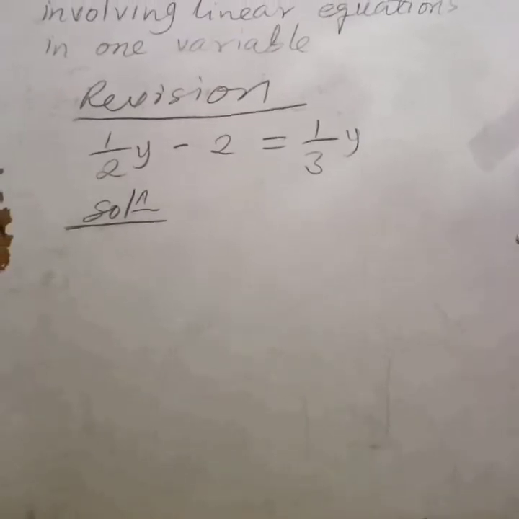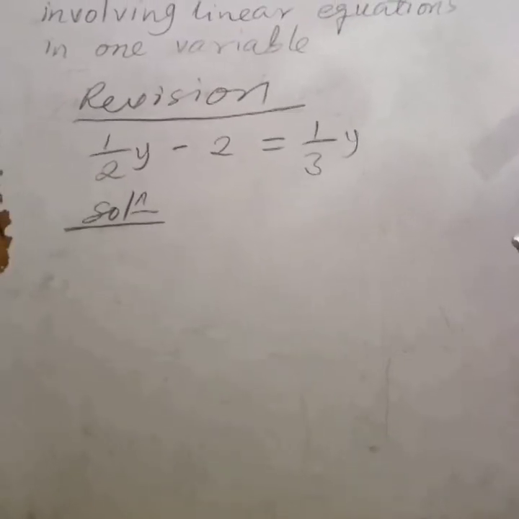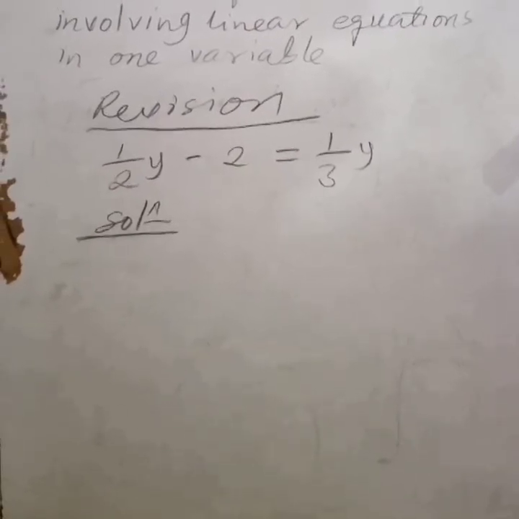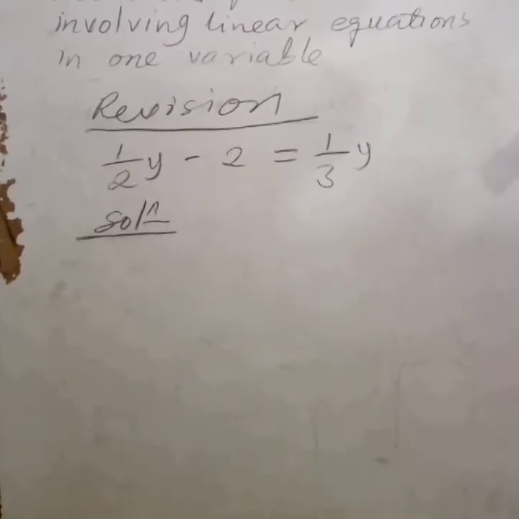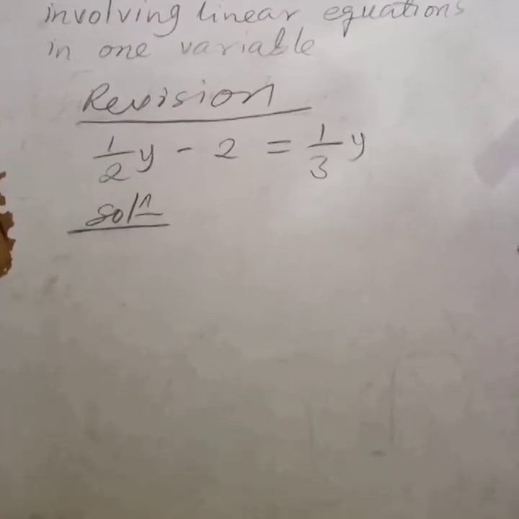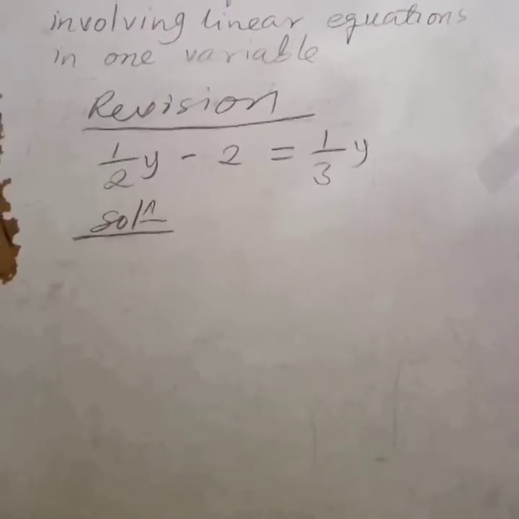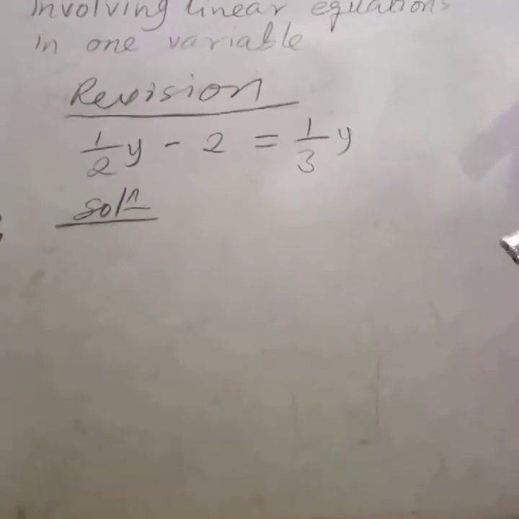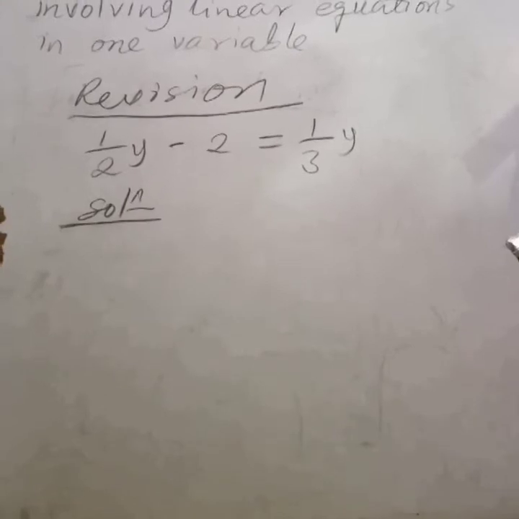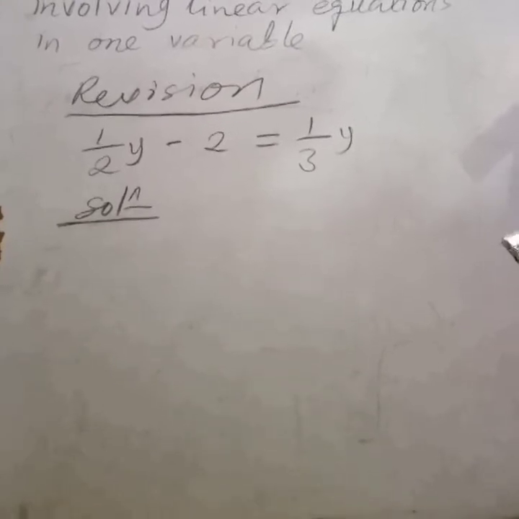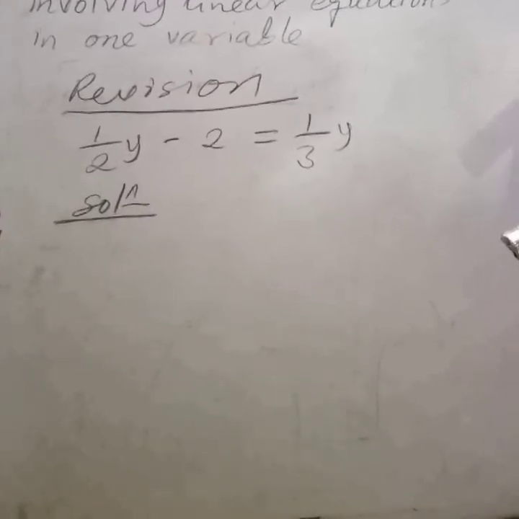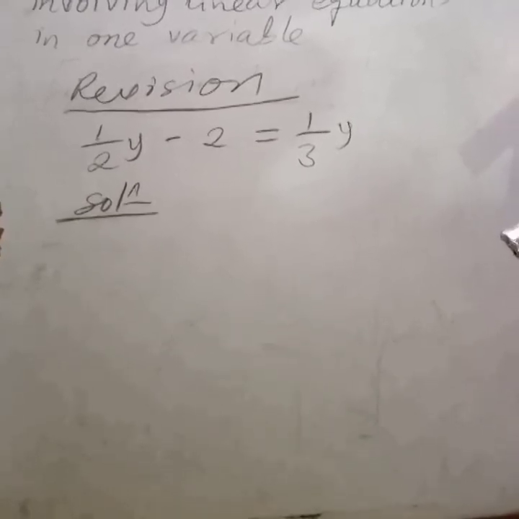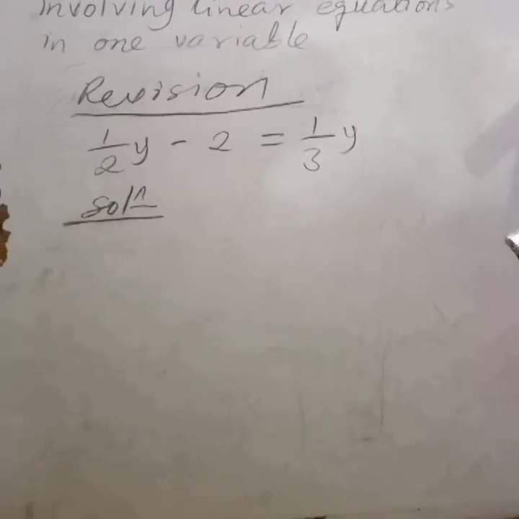So, immediately you see that the question is in fractional form, the first thing is to do away with the fractional form. And that is not done by magic, but it is done by multiplying through by the LCM of the equation.